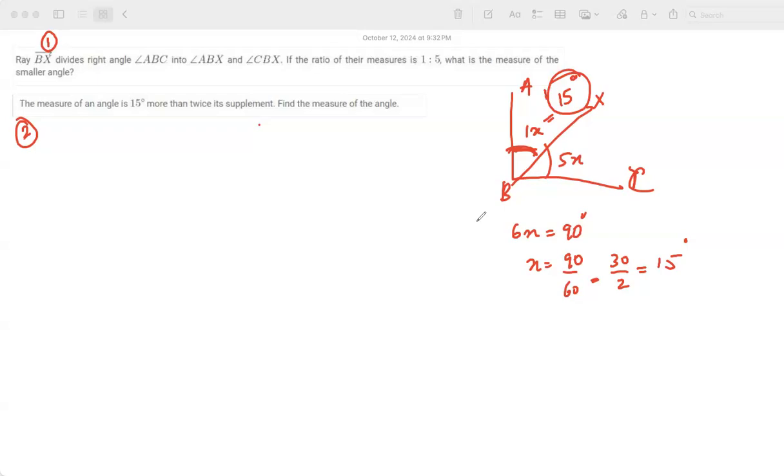Vidyut, did you get it? Not too much actually.